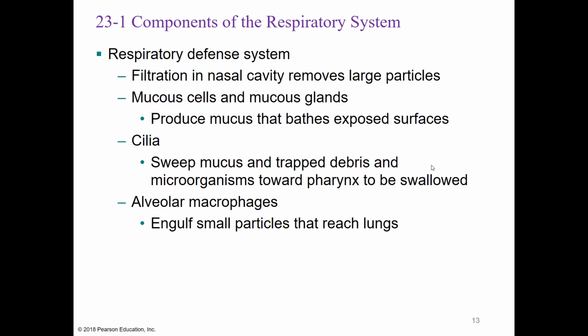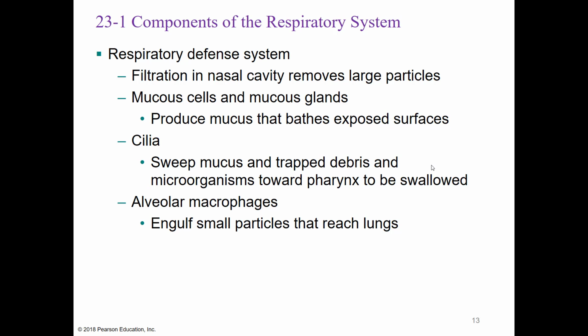So back to the respiratory defense system. The respiratory defense system begins with filtration in the nasal cavity. This is going to remove large particles that we inhale. There are mucus cells and mucus glands that will produce mucus that keeps that nasal cavity nice and coated in mucus. And we've also got nose hairs, right?